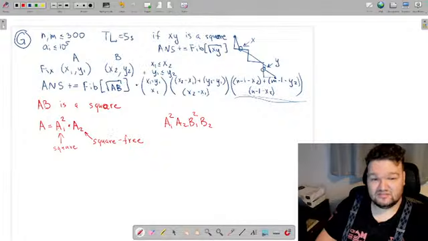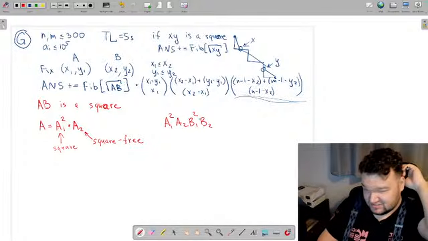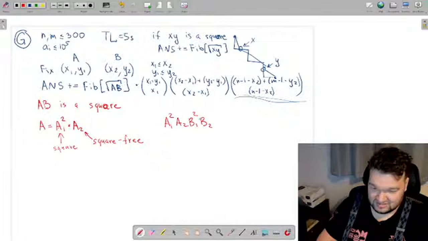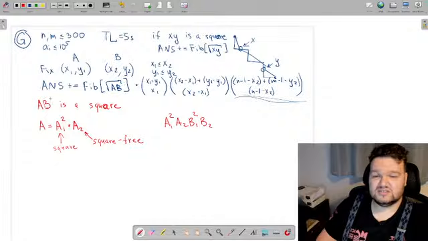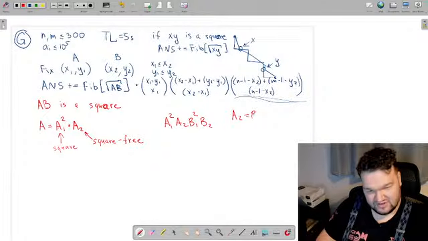So now we can group our points by their square free parts. We can pre-calculate with a sieve or something for every number its representation into square and square free part. Then group the positions by square free part. So now the points we are considering have the same square free part.